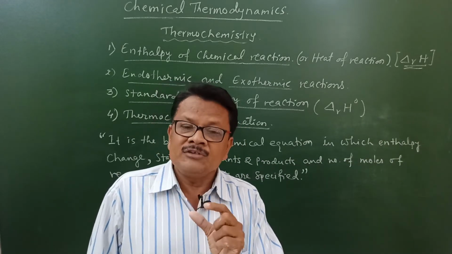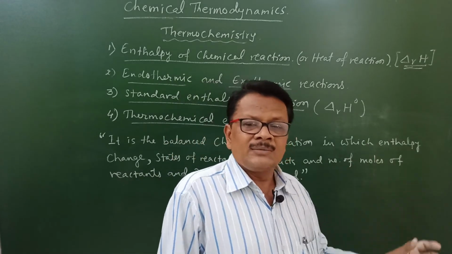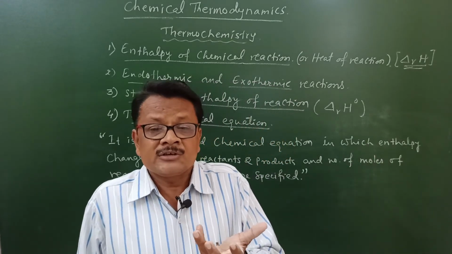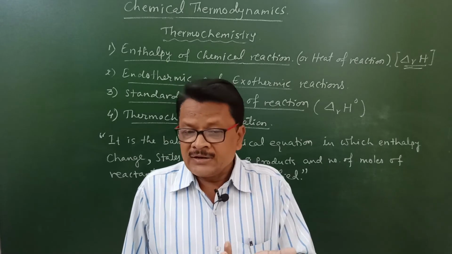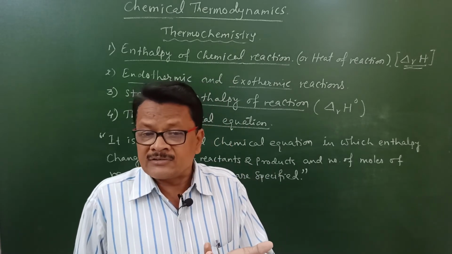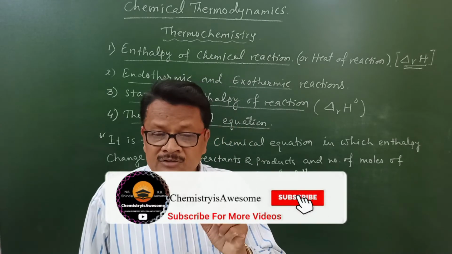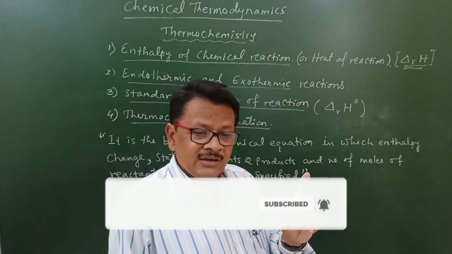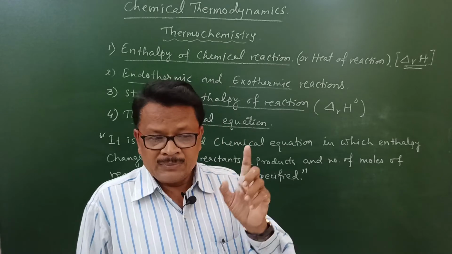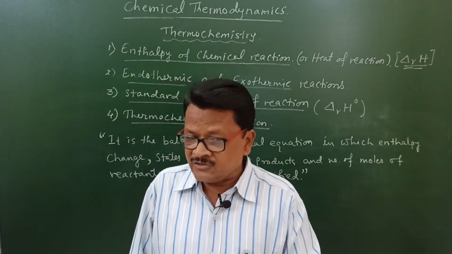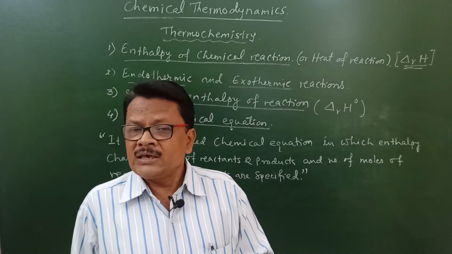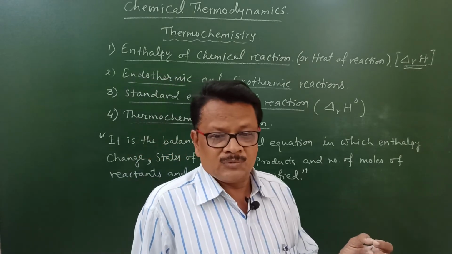The state in which each reactant and product is present should be indicated by certain letters. If solid, write S. If liquid, write L. If gaseous, write G. If aqueous, write AQ.